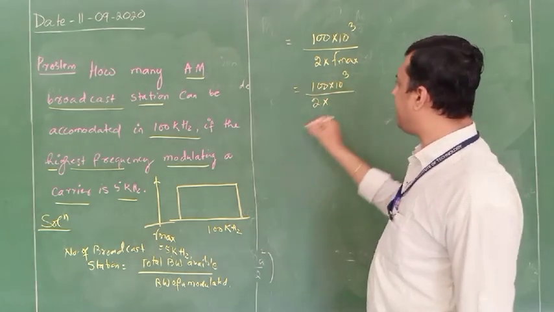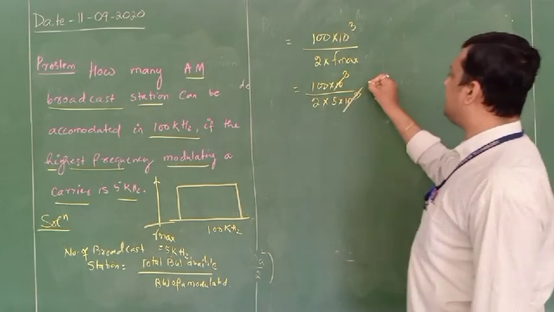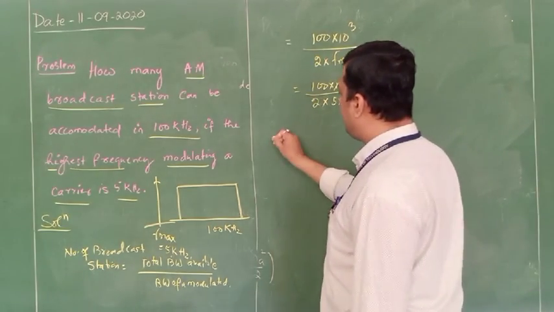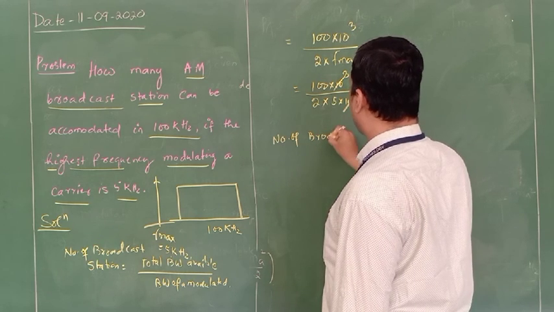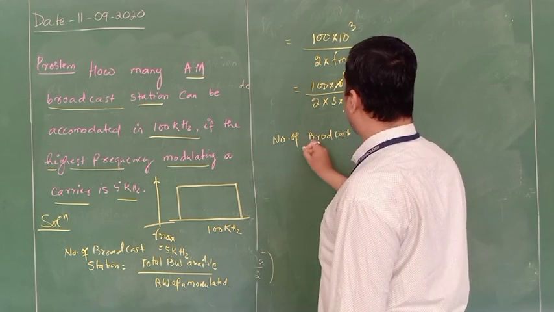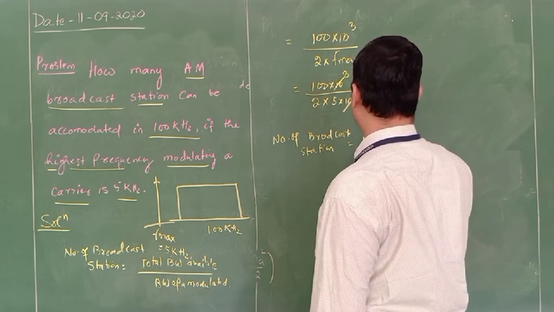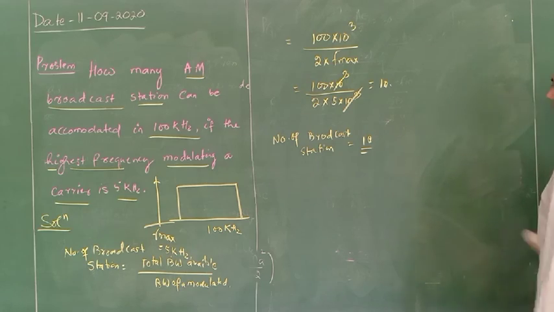What is the F max? It is 5 kilohertz, 10 to the power 3. This gets cancelled out. The result is 10. So the number of broadcast stations is 10. So this is my answer. So 10 is the number of broadcast stations.